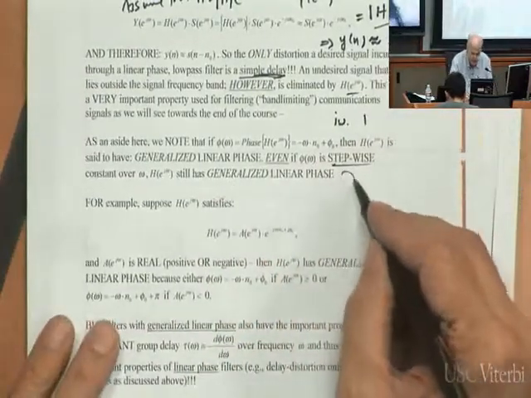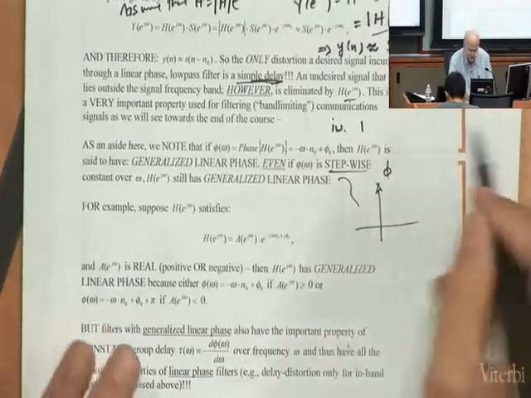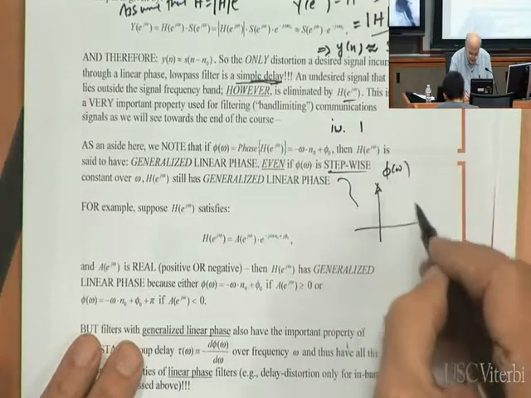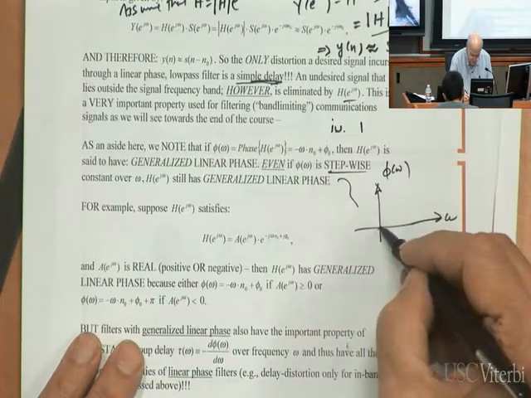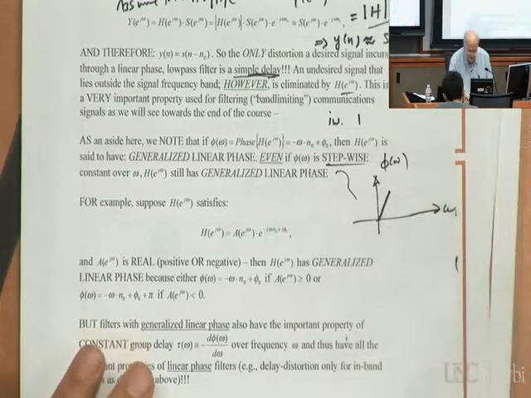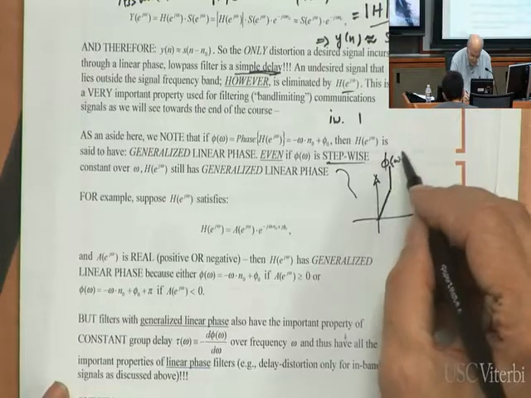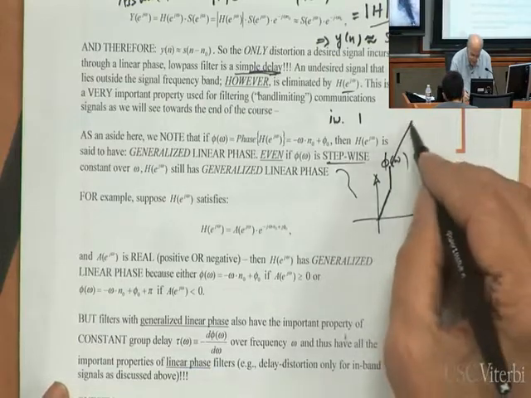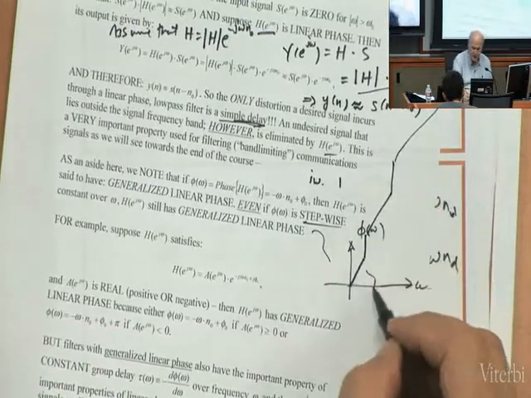So basically, generalized linear phase would be if the phase function would be something like this. Maybe it jumps, but it always has the same slope. Jumps, same slope. That would be generalized linear phase.